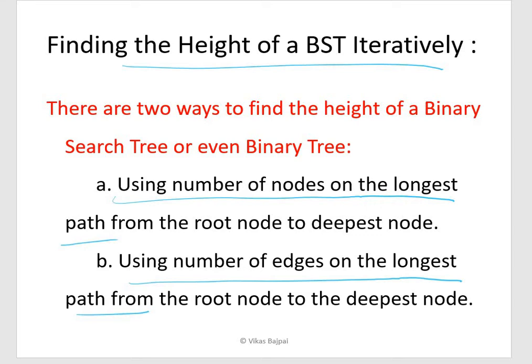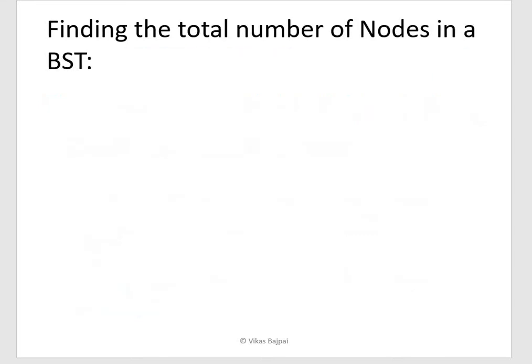Now another operation, which is finding the total number of nodes in a binary search tree. So this can be somewhat similar to finding the height, because there also I'm able to identify the number of nodes. So we'll be using that particular concept. Once again, recursive solution will be the best.